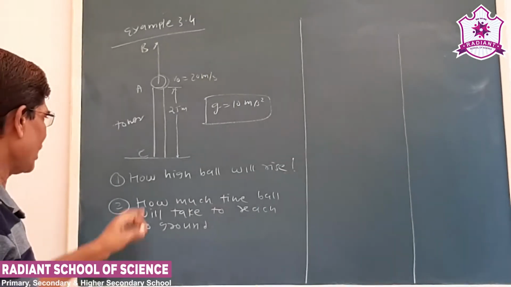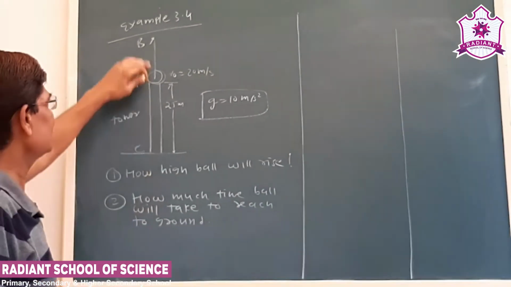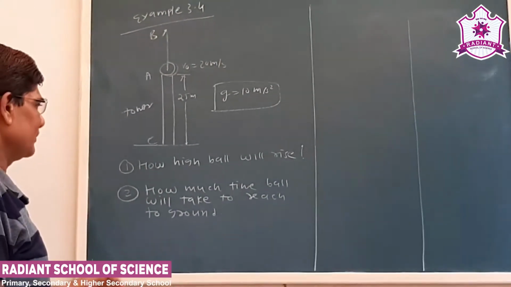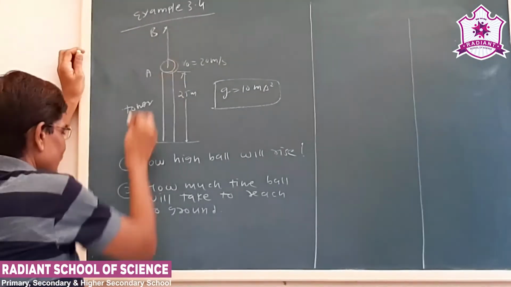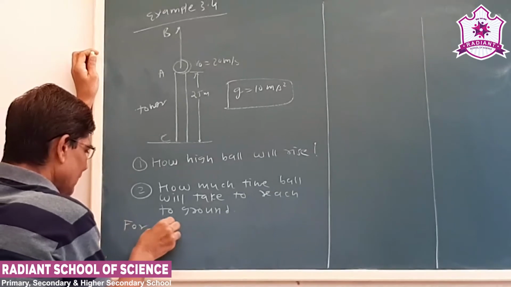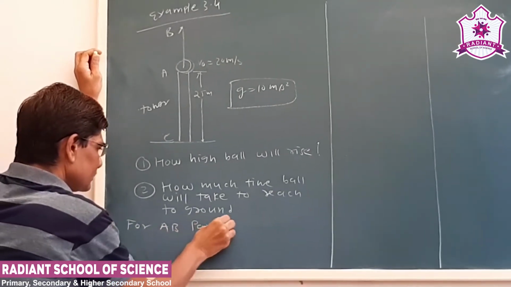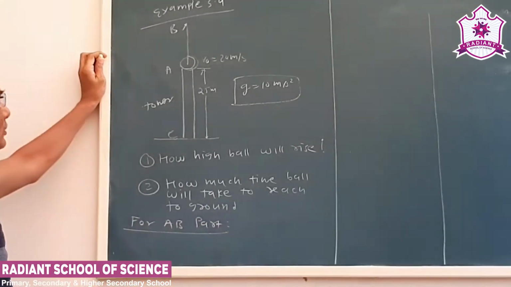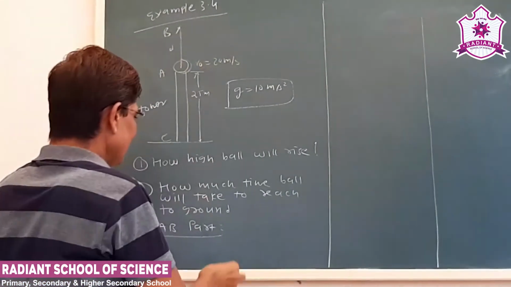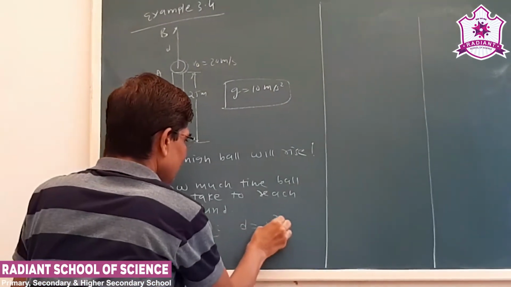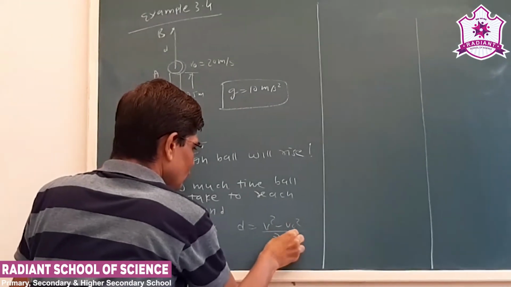The question says how high the ball will rise, and secondly how much time the ball will take to reach the ground. Let us say for the AB part, the distance covered AB is d. Now we can use the equation d is equal to v square minus v0 square upon 2a.